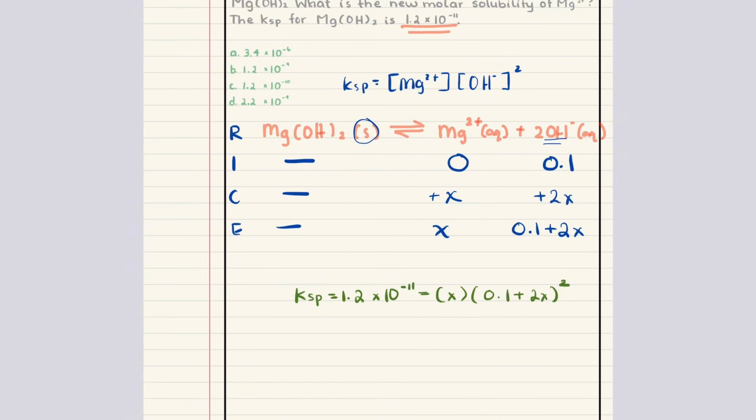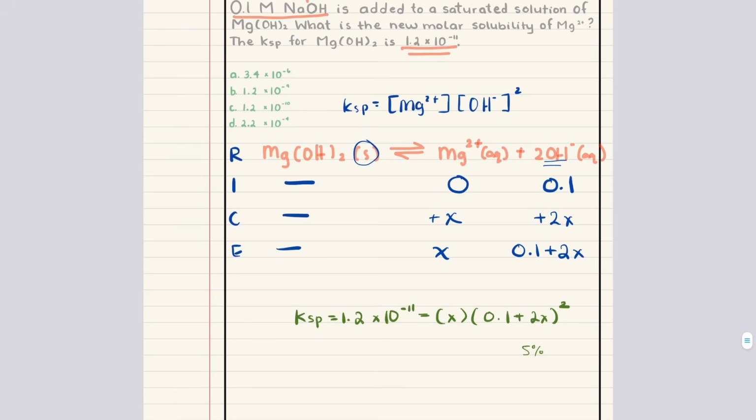Here I'm going to use the 5% approximation rule. The rule of thumb is that if the correction term is less than about 5% of the initial concentration, you can safely neglect it. And what can guide using this rule is by comparing the KSP value to the initial value we had, 0.1 molar for hydroxide. The KSP here is so much smaller, less than 5% of the starting 0.1 molar concentration.